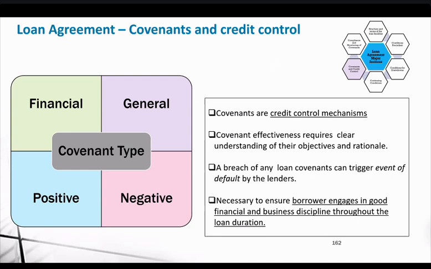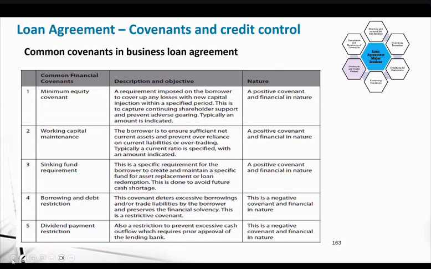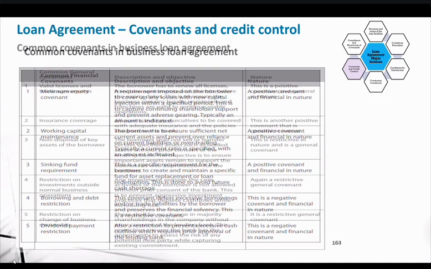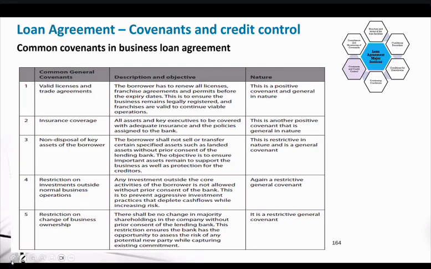Okay? Here, slide 163 is financial covenants. 164 is general covenants. This one will come up in the exam. They will test you. By hook or by crook, they will test you on this. So study that well, mind map it well.